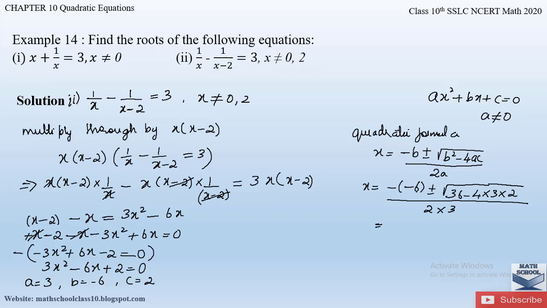So this will be minus into minus will be plus 6 plus or minus square root of 36 minus 4 3s are 12, 12 2s are 24, so minus 24 divided by 3 2s are 6. So this will be 6 plus or minus square root of what is 36 minus 24, that is 12, divided by 6.